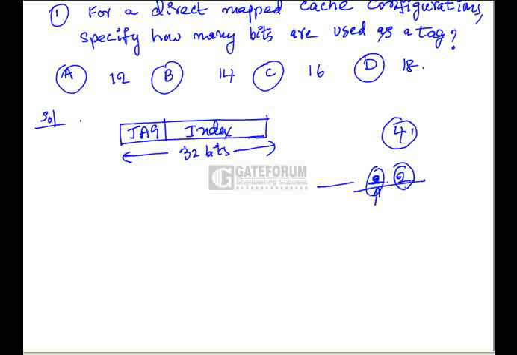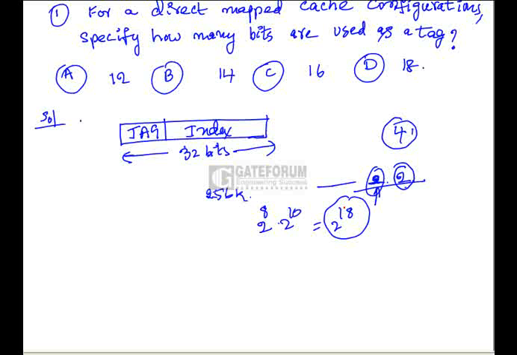Then we have to represent the number of blocks also, so that depends upon the cache size. For example, 256k is the cache size, that is 2 power 8 into 2 power 10. Total 18 bits are required to identify a word in the cache. But it has been divided into blocks. How many blocks can you have?